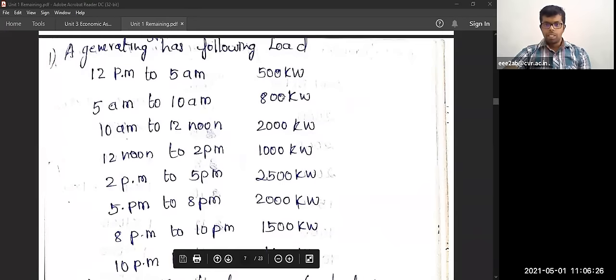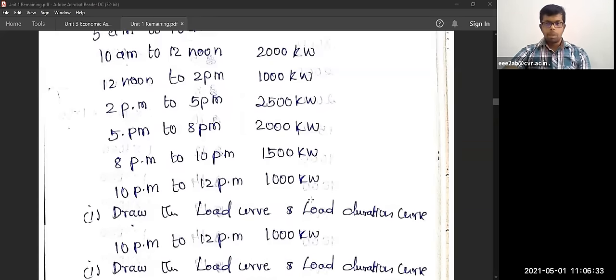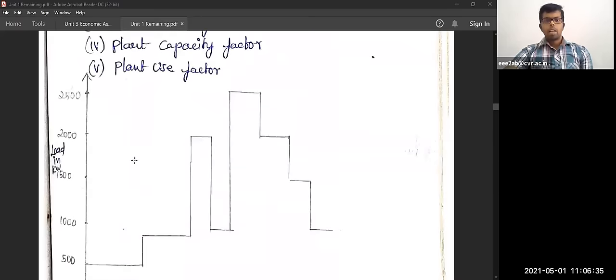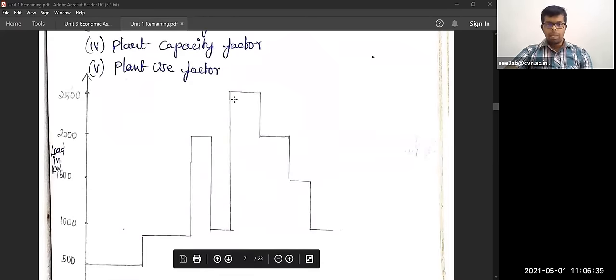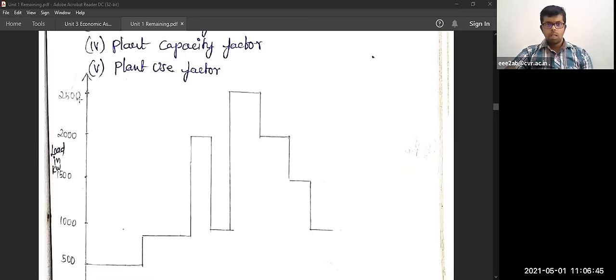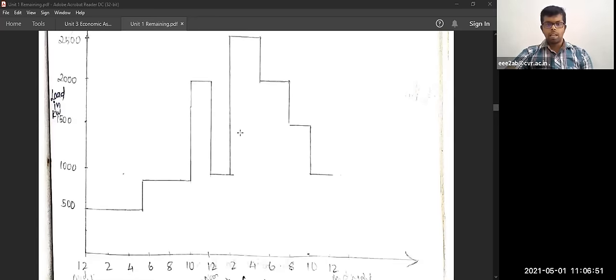Whichever is the maximum load, that is the maximum demand. Otherwise you can come to the load curve. In this load curve, you have to identify the peak. By seeing here, you can clearly understand that 2500 kilowatt is the maximum demand. You can identify it like that also.